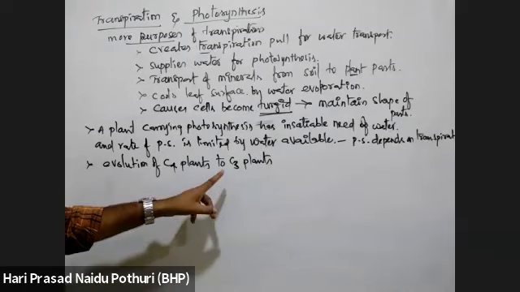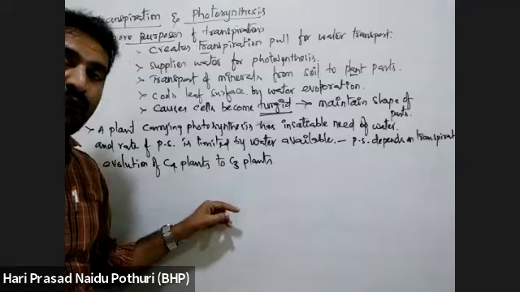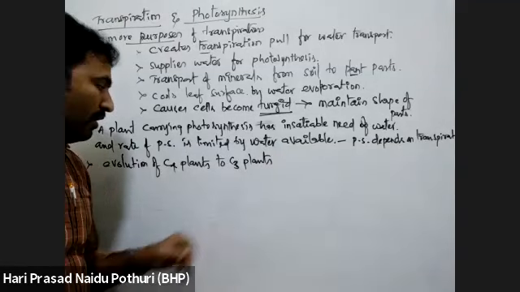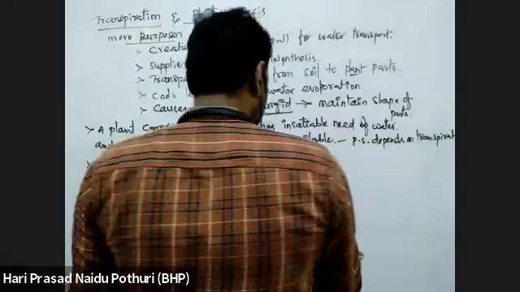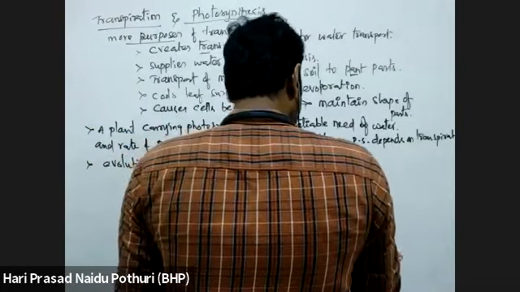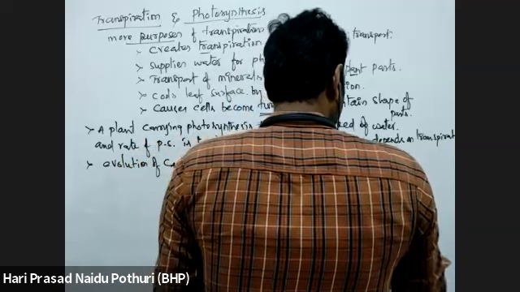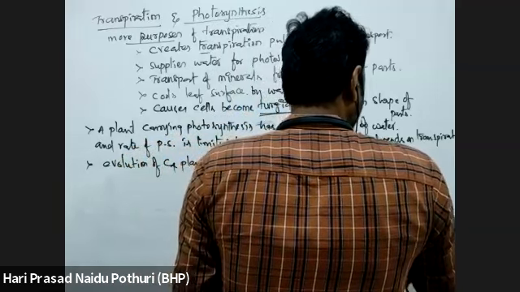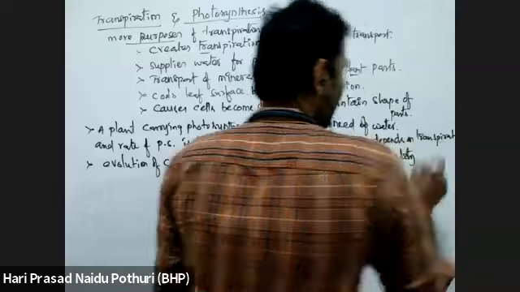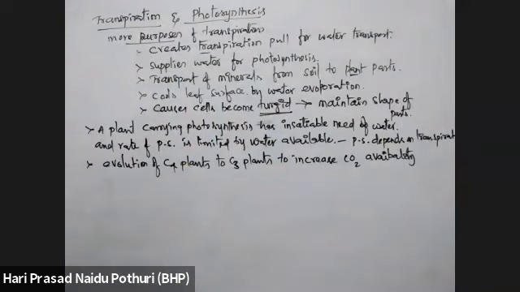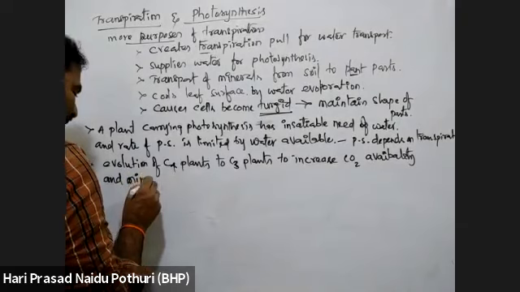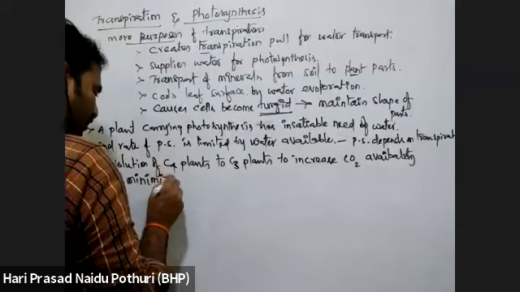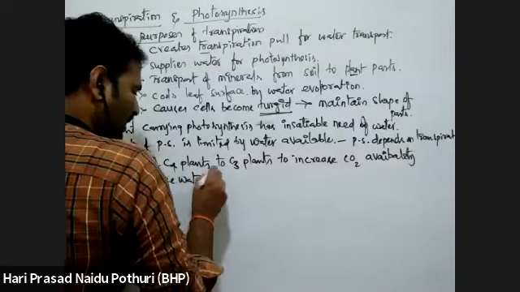C3 plants can fix more CO2. So the evolution of C3 plants to C4 plants is to increase carbon dioxide availability for photosynthesis and minimize water loss.